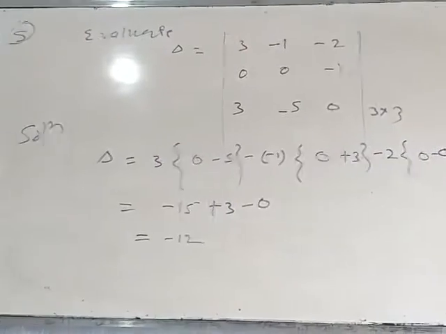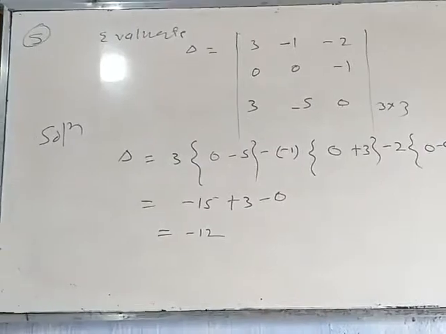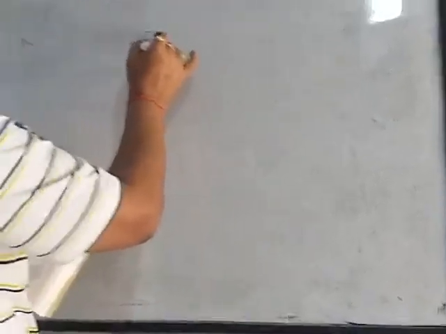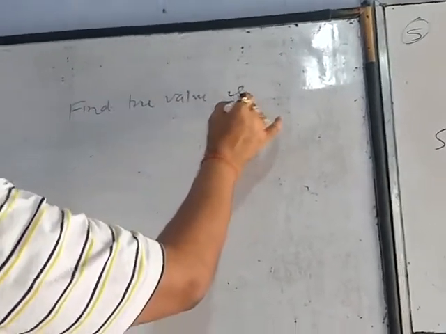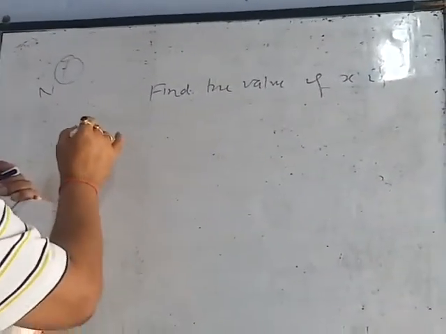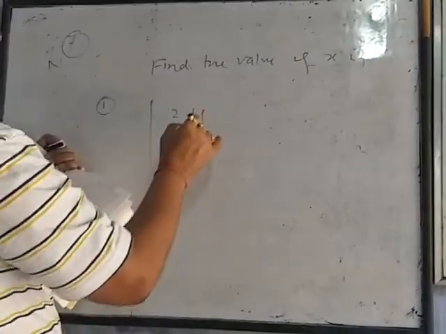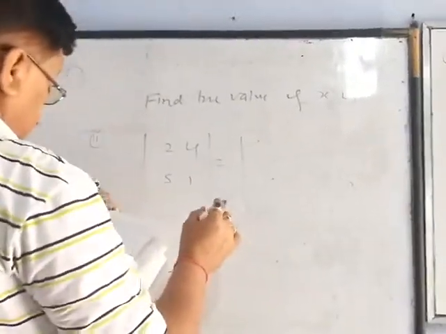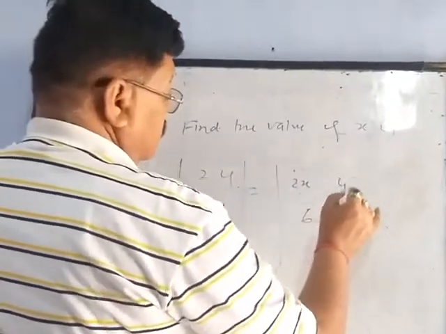Now question 7 of this exercise: find the value of x if the determinant 2 4 5 1 is equal to the determinant 2x 4 6 x.